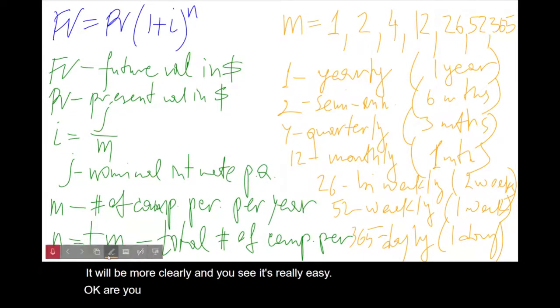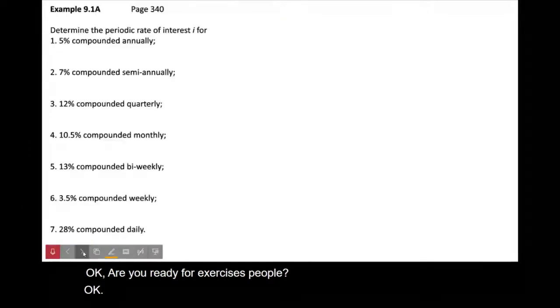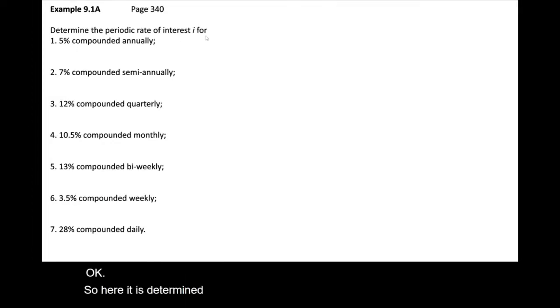Okay, are you ready for exercises, people? Here it is. Determine the periodic rate of interest I for 5% compounded annually.